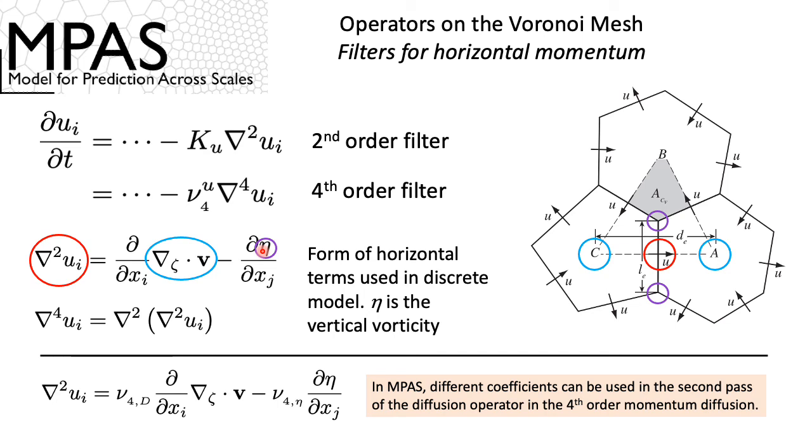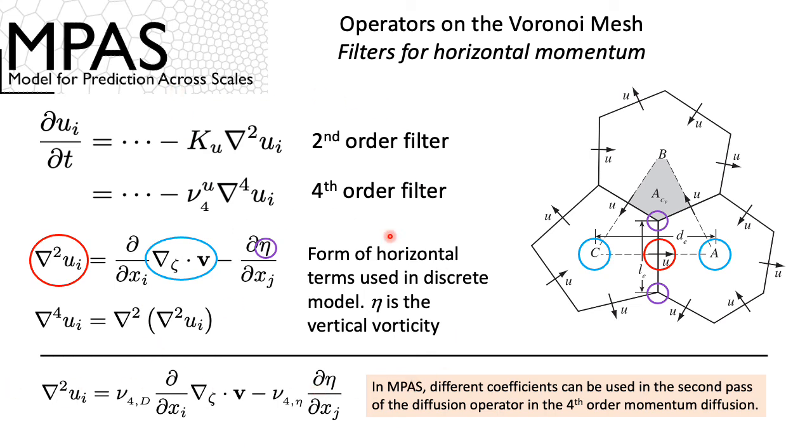It is at the vertex, and we can take the derivative of that vorticity perpendicular to the velocity because it's defined there. This is how we define that horizontal operator for the second order filter. For the fourth order filter, we just take this operator twice and apply it. So it works as it should. No problem.